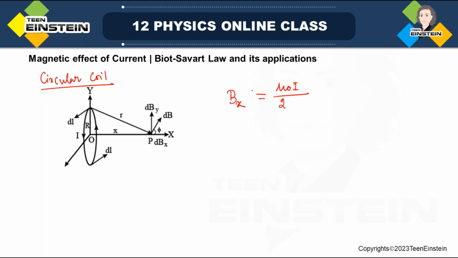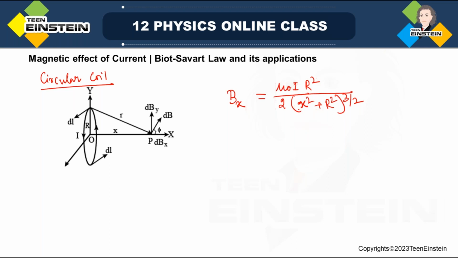So this will be R square divided by (x square plus R square) whole to the power 3 by 2, where capital R is the radius of the coil or loop, and small x is the distance of the axial point from the center of the loop.